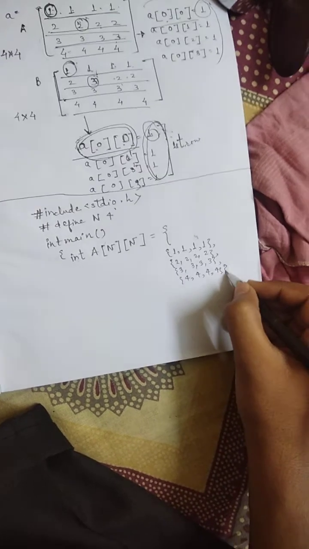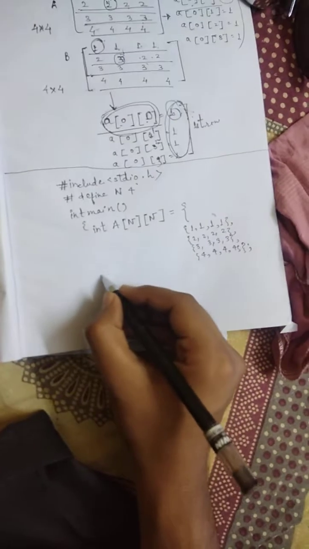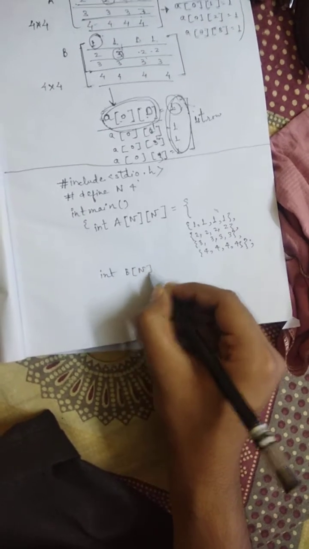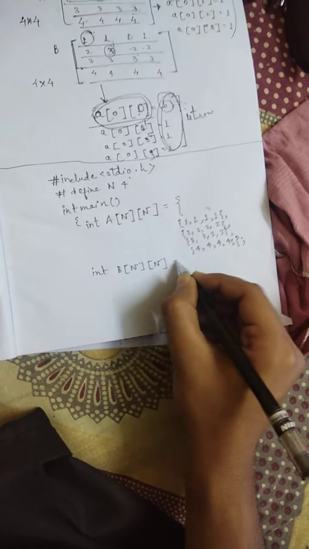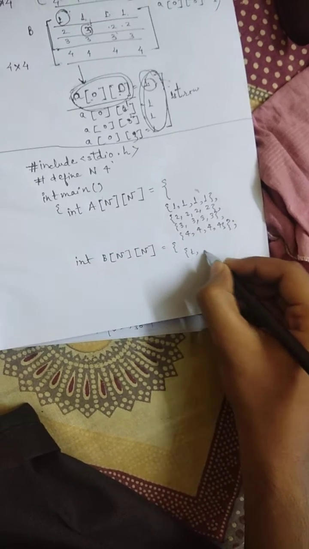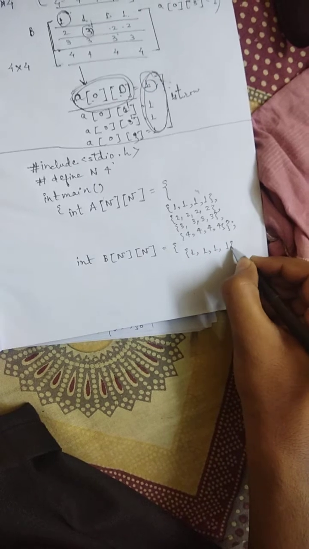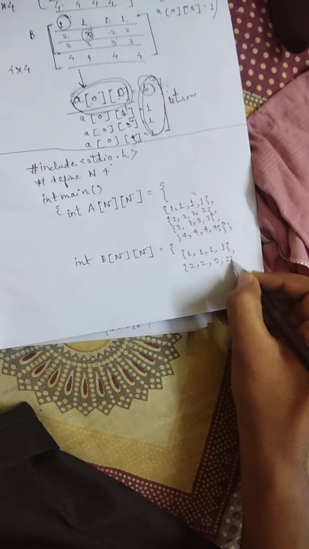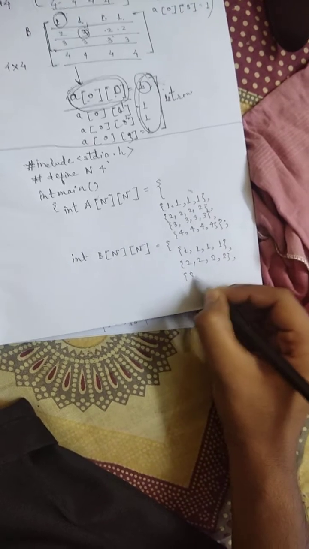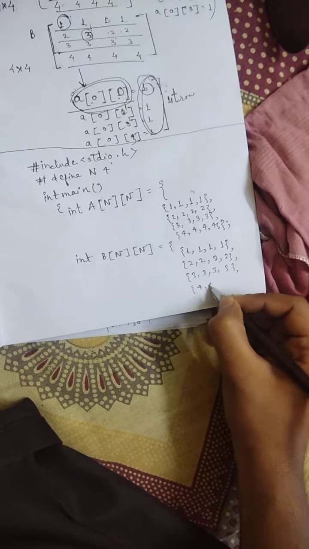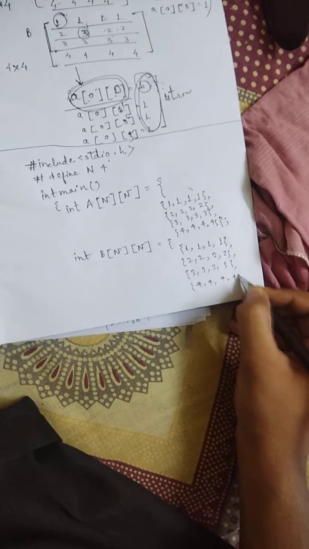Then we close the array A. Similarly for int B of n by n: 1 comma 1 comma 1 comma 1, 2 comma 2 comma 2 comma 2, 3 comma 3 comma 3 comma 3, 4 comma 4 comma 4 comma 4.